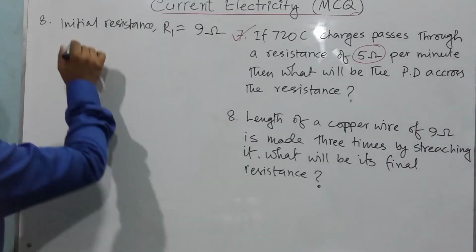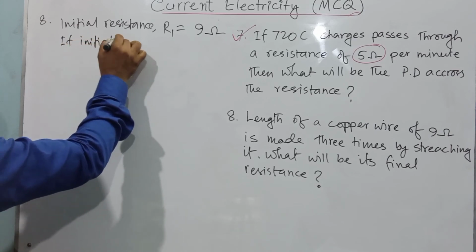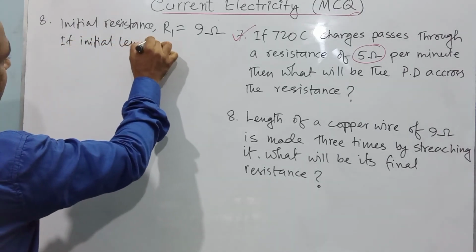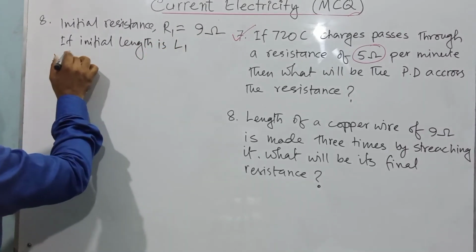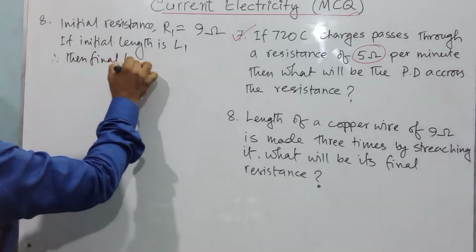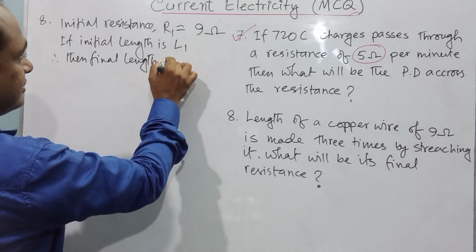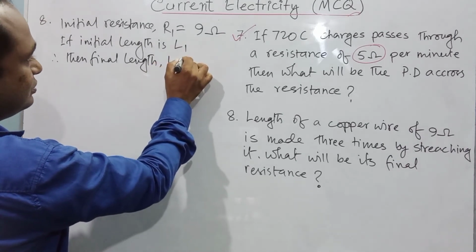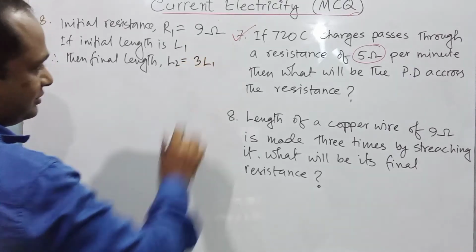If the initial length is L1, then the final length L2 is equal to 3 L1, right?